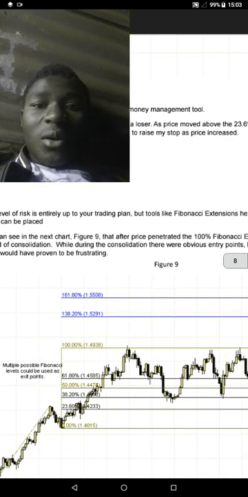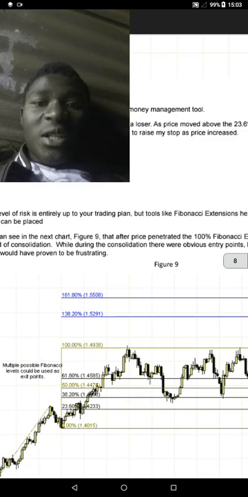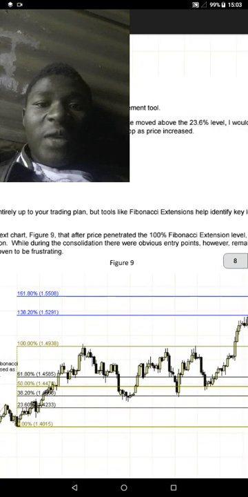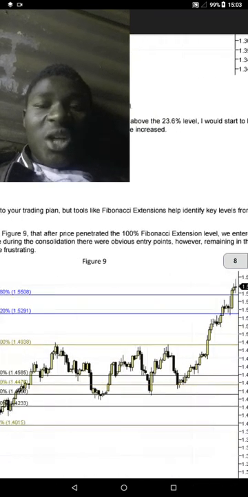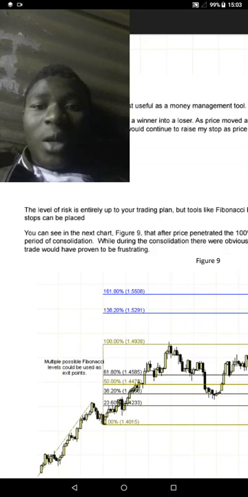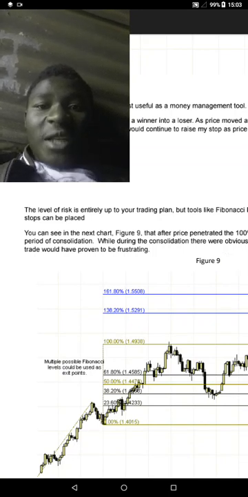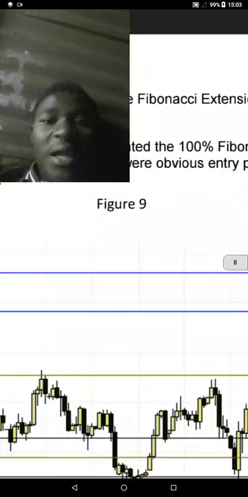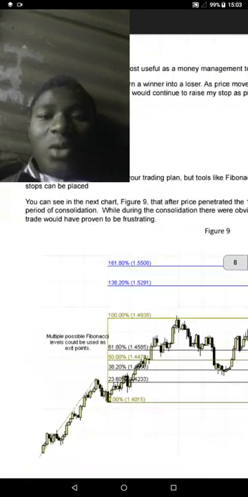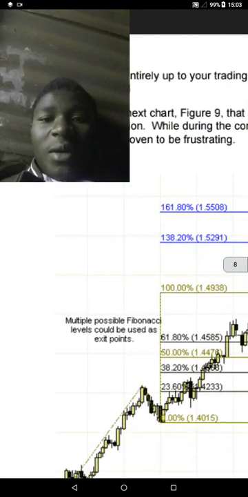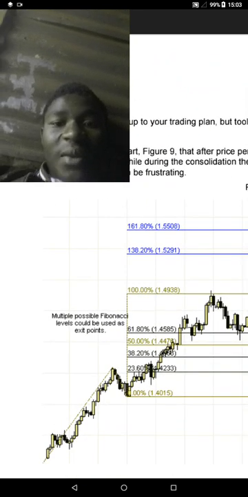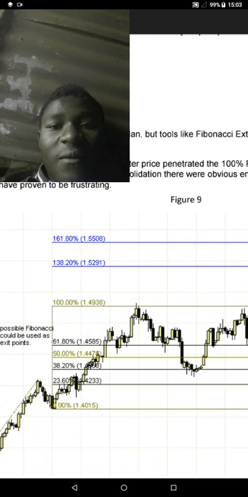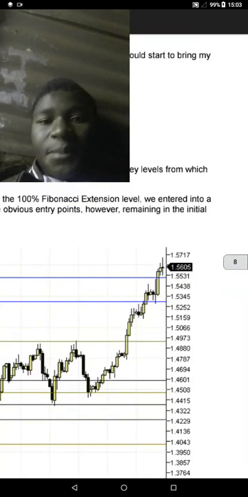During the consolidation, there were no obvious entry points, however, remaining in the initial trade would have proven to be frustrating. As you can see in figure 9, here we have multiple Fibonacci levels that could be used as an exit, with the percentages there.